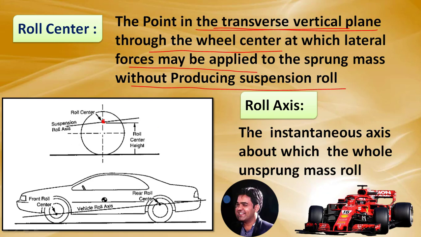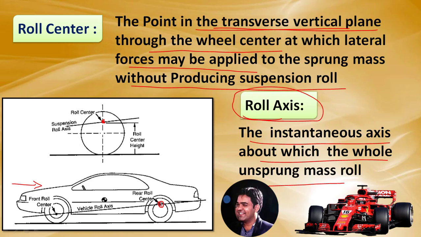The instantaneous axis about which the whole sprung mass rolls is known as the roll axis. If we look at the whole vehicle, the rear suspension has its own roll center, which is indicated at this place, and the front suspension has its own roll center, which is here.